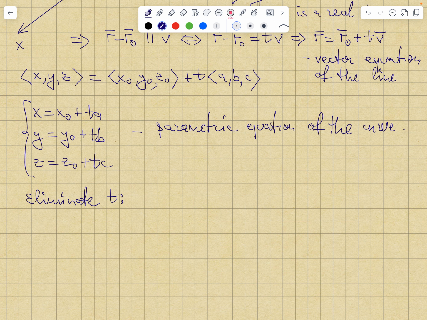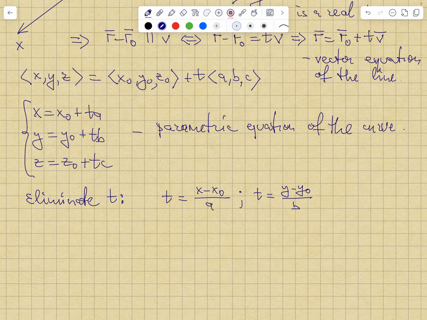I can solve the first equation for t: t is x minus x0 divided by a. The second equation gives t equal to y minus y0 over b.